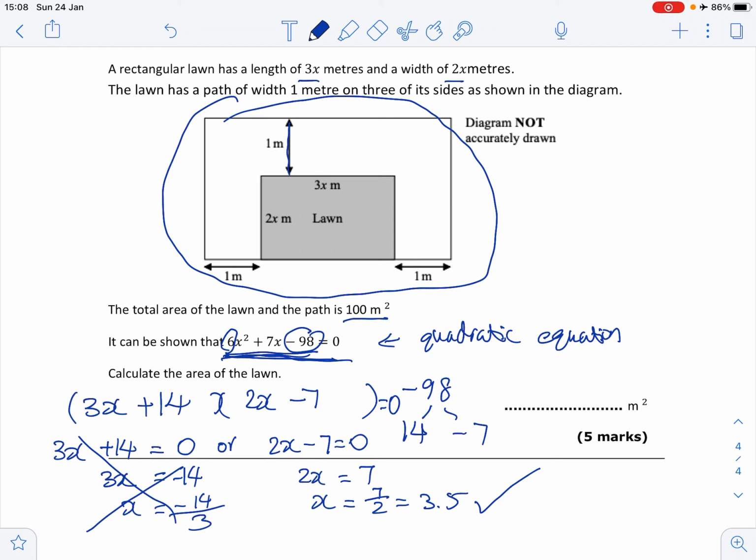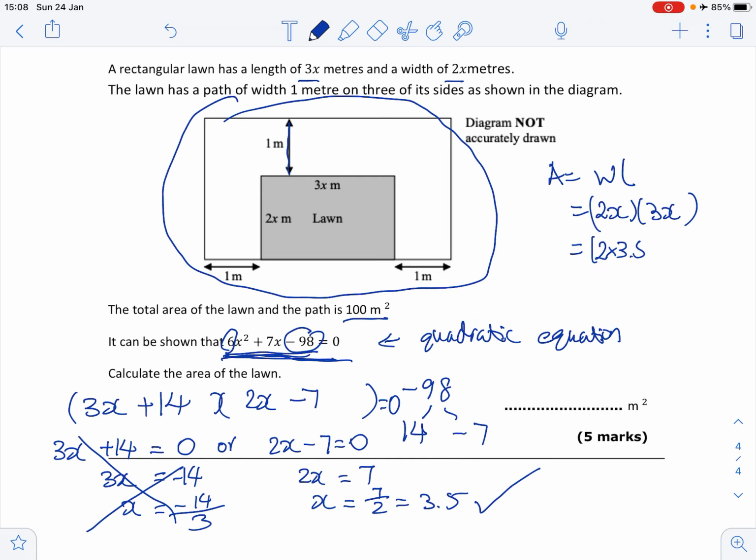And finding out the area, so this is a rectangle. So area of a rectangle just equals to the width multiplied by the length. So the width is 2x and the length is 3x for the lawn. And we know x is 3.5.